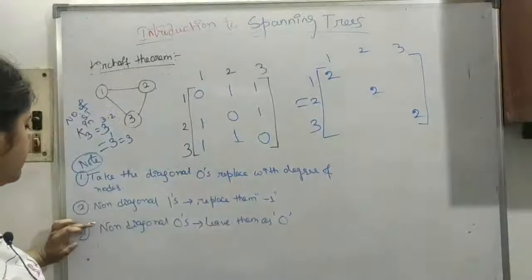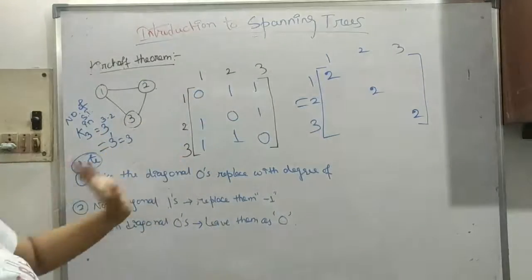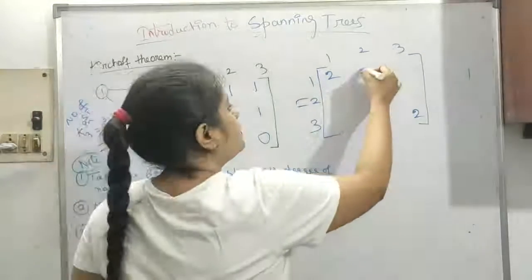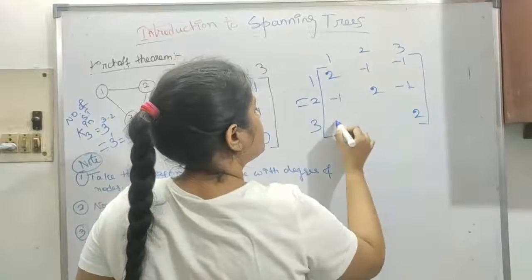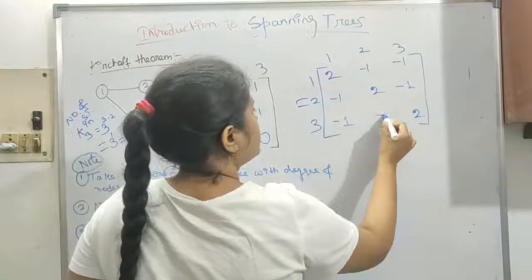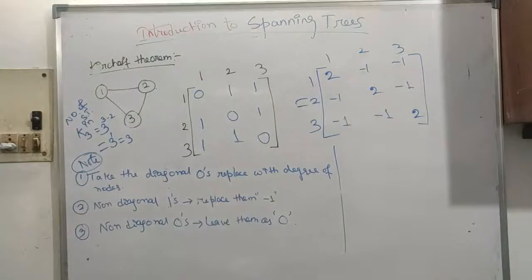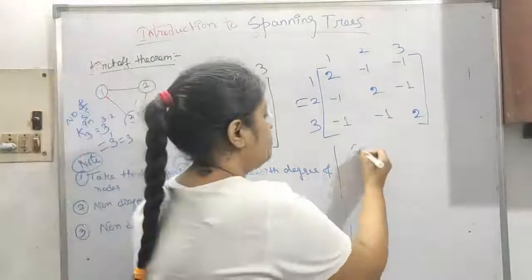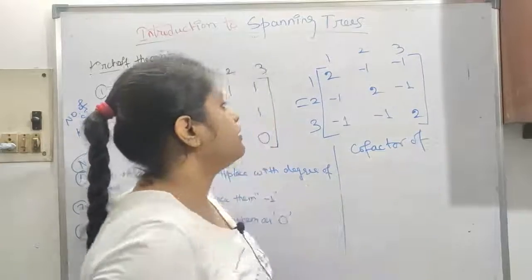Now the non-diagonal ones are replaced with -1, so all the non-diagonal ones become -1, -1, -1, -1, -1 and -1. Now next we have to find the cofactor. Don't do the whole determinant, we only have to find the cofactor of any element.